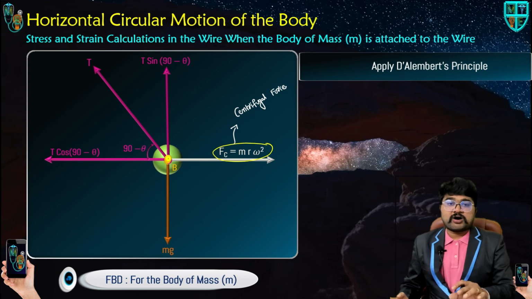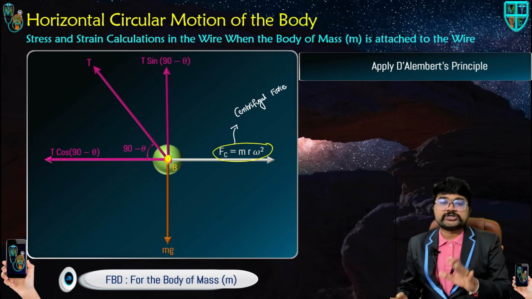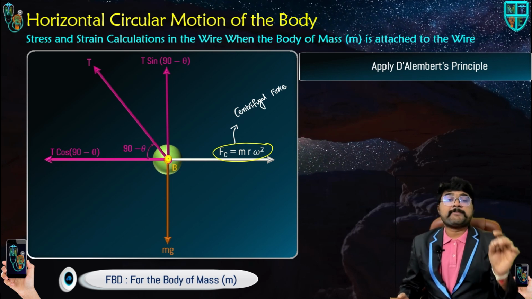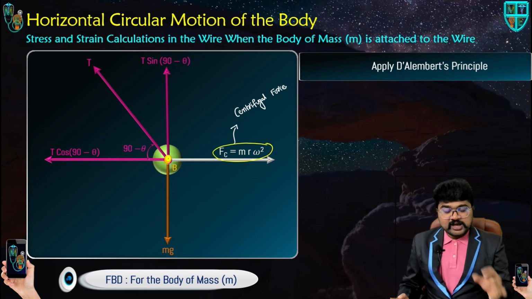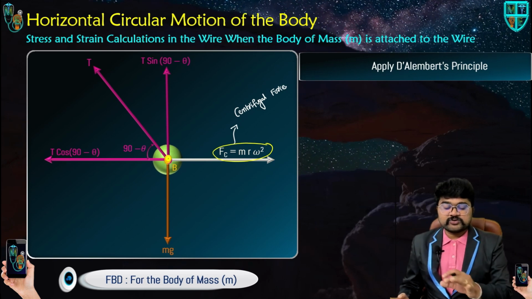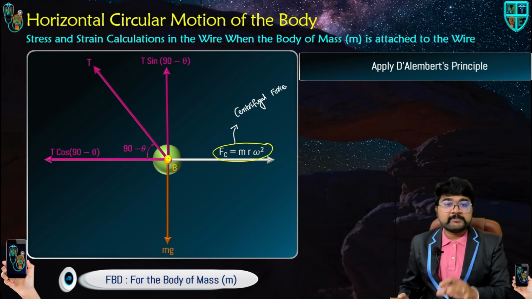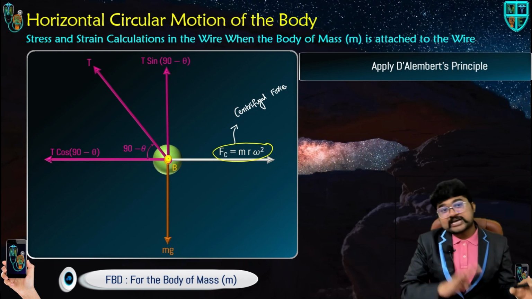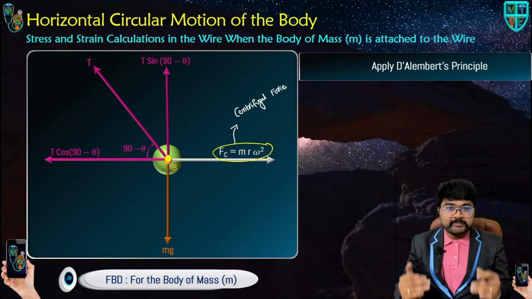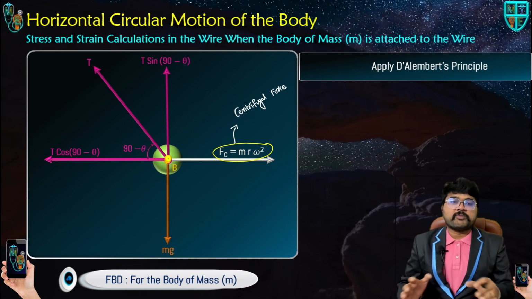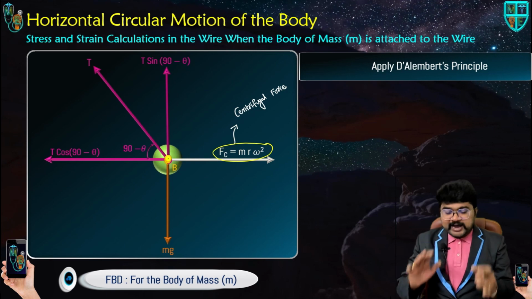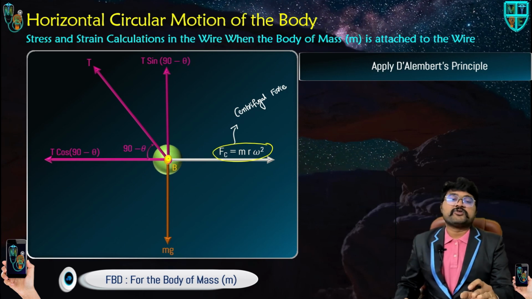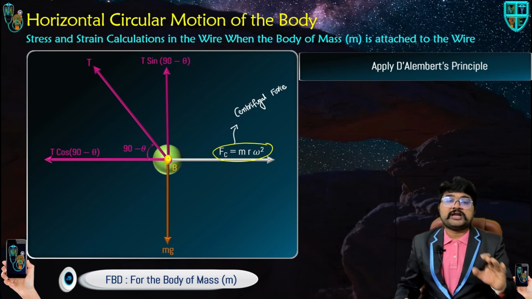Centrifugal force always acts opposite to the direction of centripetal acceleration. I represented the centrifugal force in the free body diagram, which means it is acting opposite to the direction of the acceleration of the body. That means the total motion of the body is nullified by representing the centrifugal force in the free body diagram.